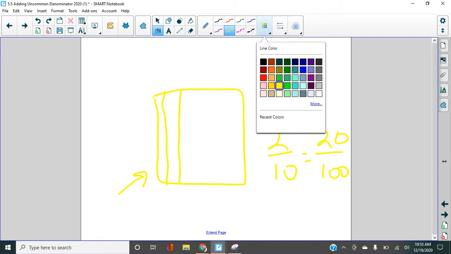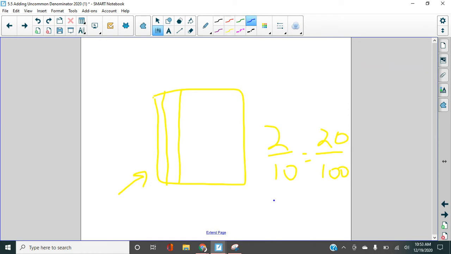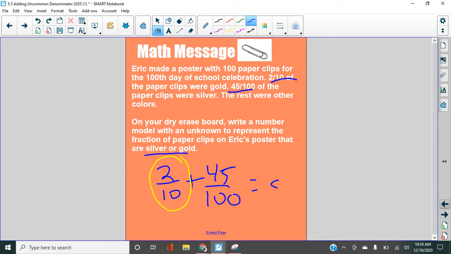We can test that out by multiplying, right? We have 2 times 10 equals 20, and 10 times 10 equals 100. So we are going to take out the 2/10 and replace it with 20 hundredths. We didn't change the value at all, did we? We kept it exactly the same.